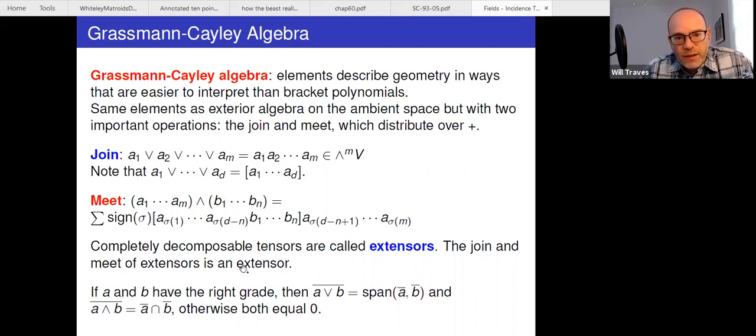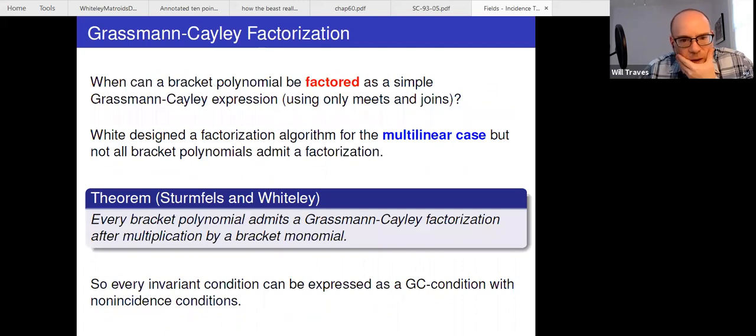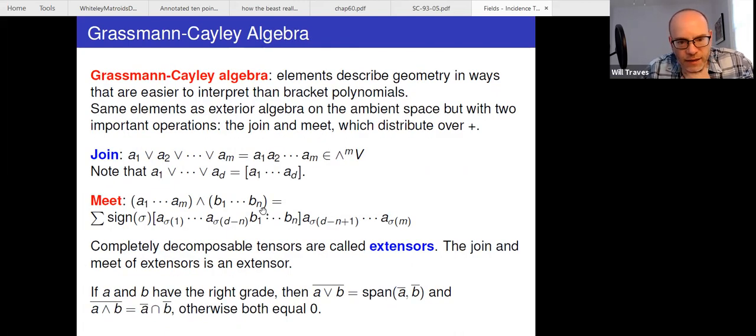So the Grassmann-Cayley algebra is a way to try to do linear algebra, in a sense, using the exterior algebra. And we can see that brackets themselves are always expressible as joins, but sometimes very complicated bracket polynomials could be expressed maybe in terms of these meet and join operations.